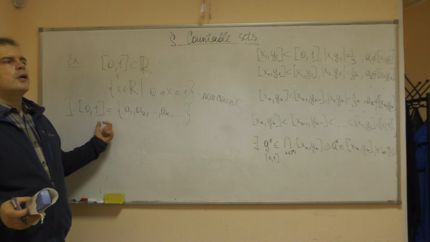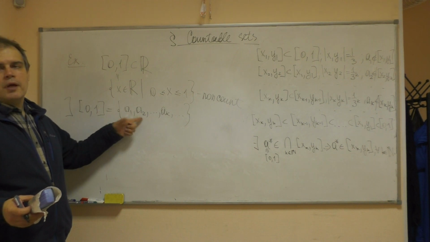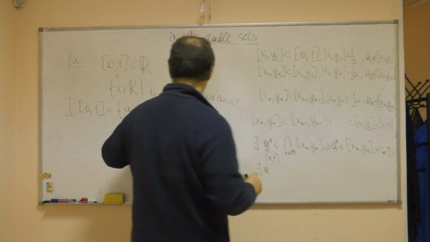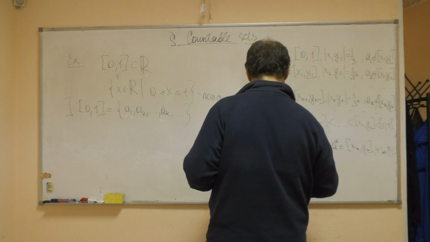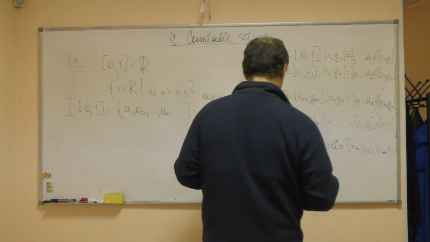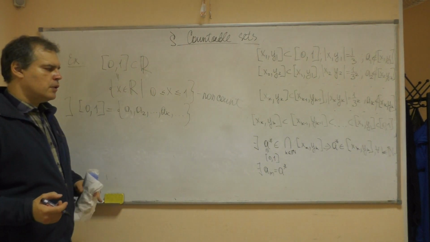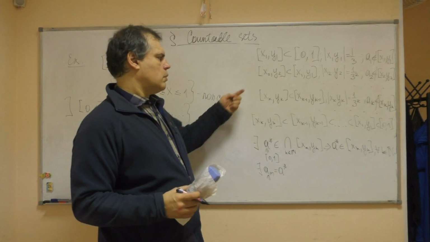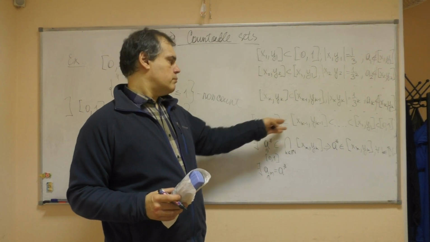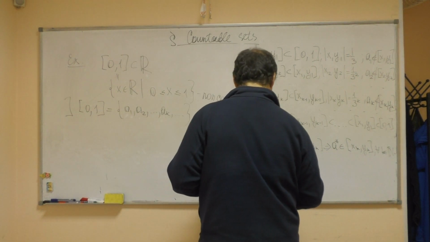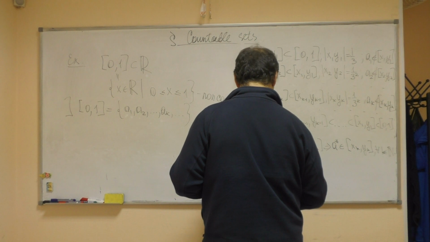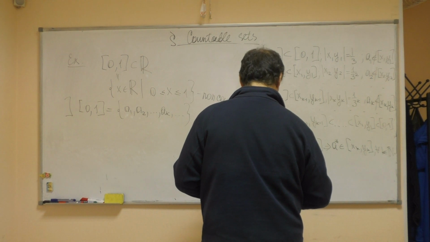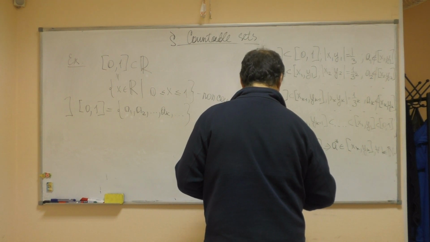And so, according to our assumption, it should have some number. So there is an element from this sequence such that it coincides with a star. But we built these segments in such a way that this element doesn't belong to the segment xm, ym.